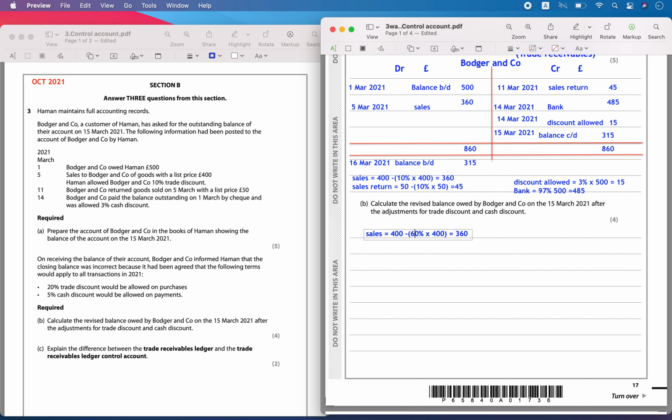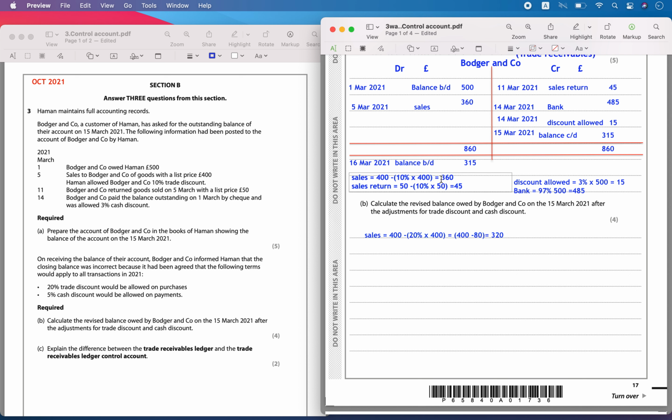So then he would not have to pay 400. Instead he would have to pay 400 minus 20% of 400, where 20% of 400 is 80, so that is equal to 320.